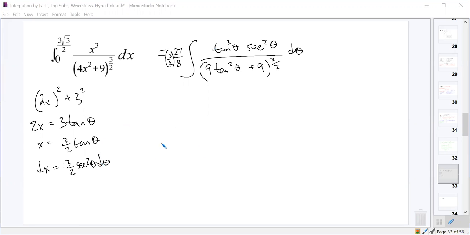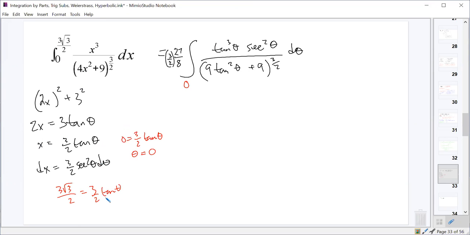Okay, so what do our limits of integration need to become? These were x values, so if x is 0, we end up with 0 equals 3/2 tangent theta. And what does that tell us theta is equal to? Should be 0. And if we had 3 root 3 over 2, then 3 root 3 over 2 equals 3/2 tangent theta.